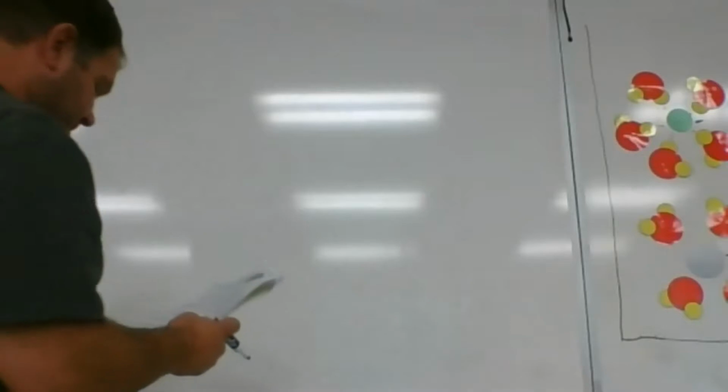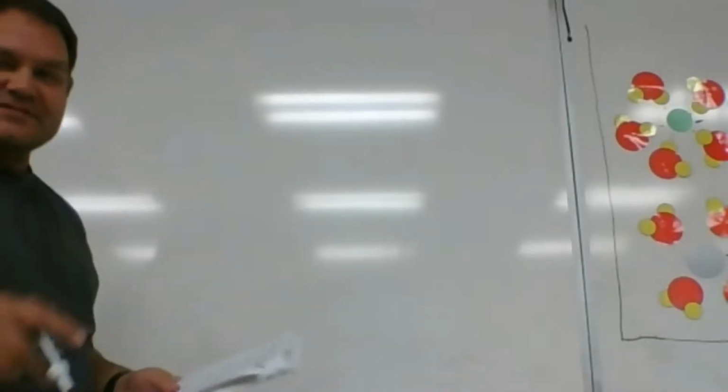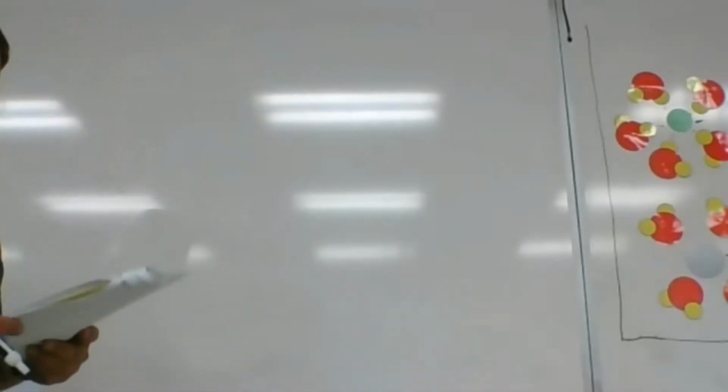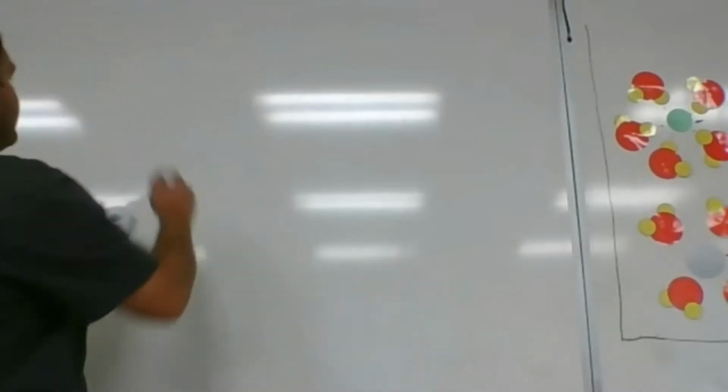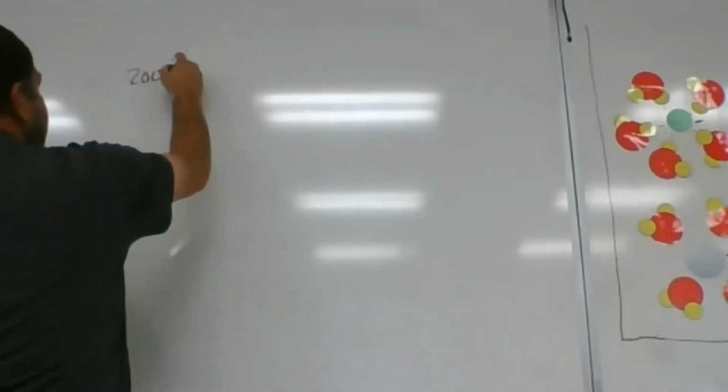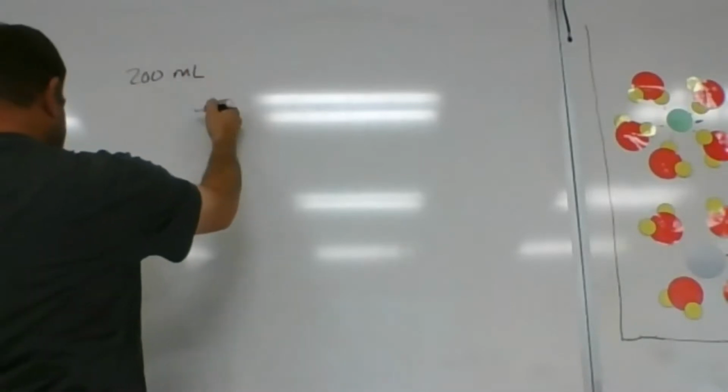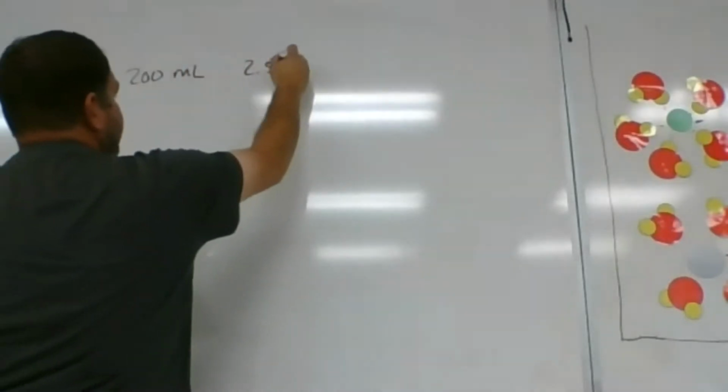All right, let's do number 5. Now, number 5 is a little different, because now they give you the molarity and they give you the volume, and they want to find the mass. So they say that we have 200 milliliters of a solution that's 2.5 molar.